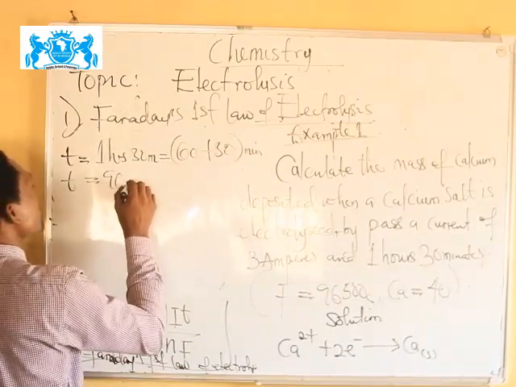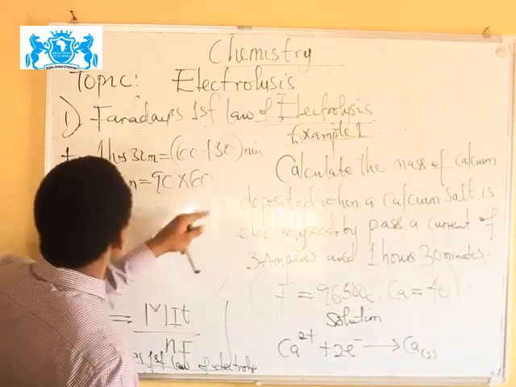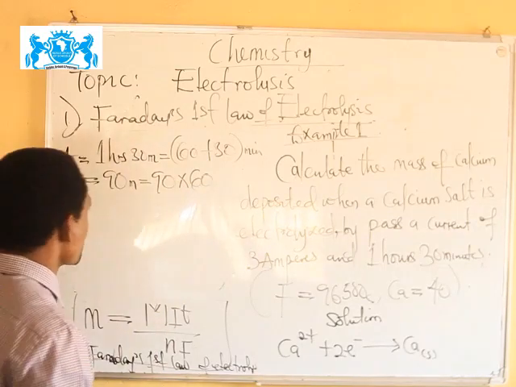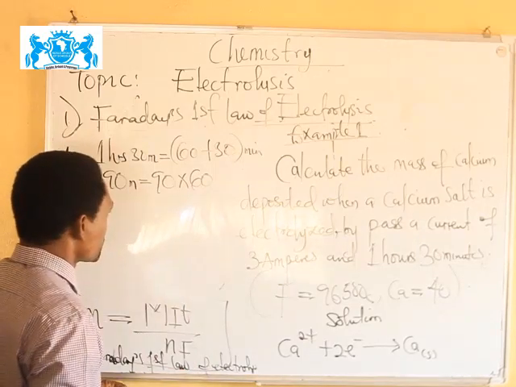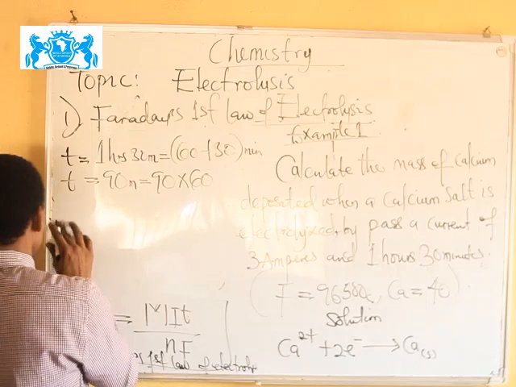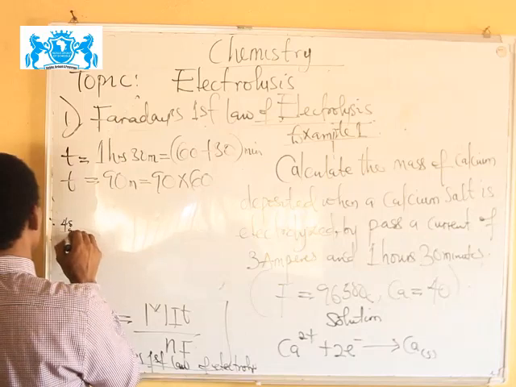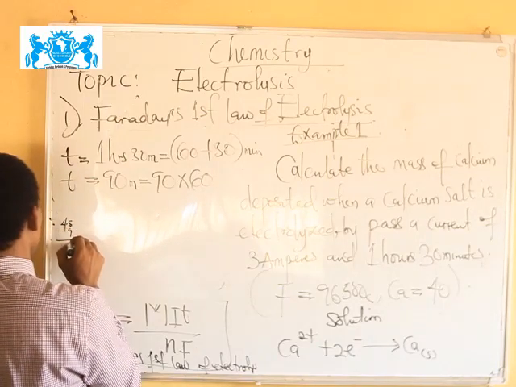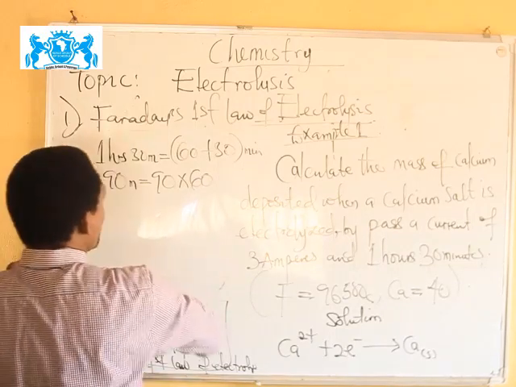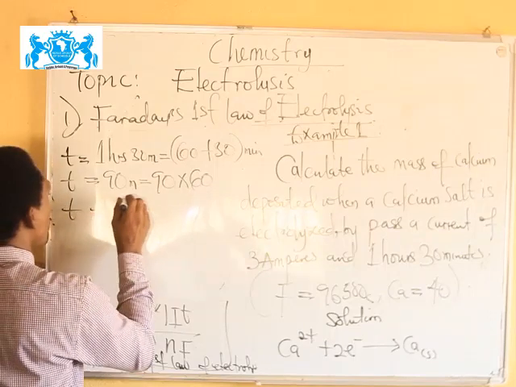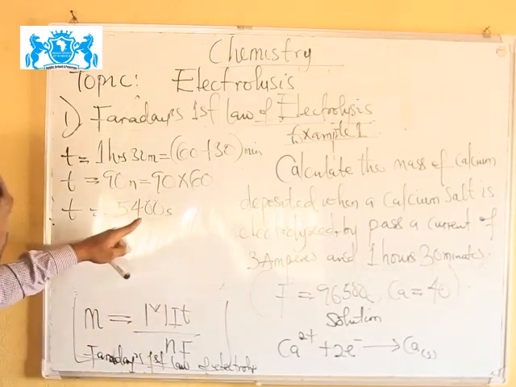So 90 minutes in seconds will be 90 times 60. 9 times 6 is 54, so T is equal to 5400 seconds.